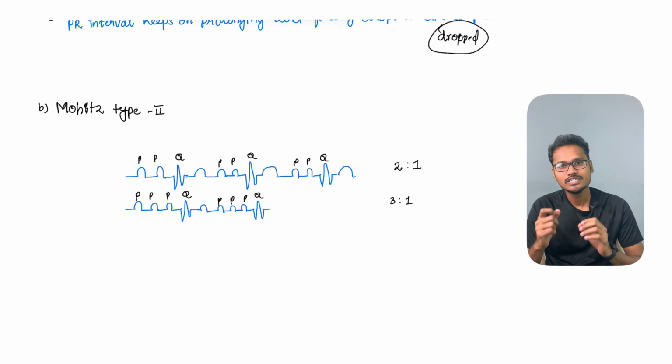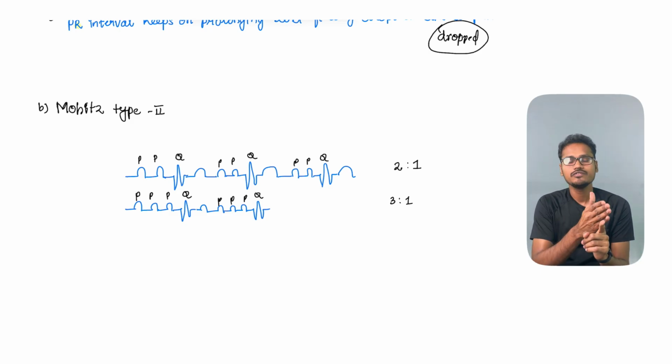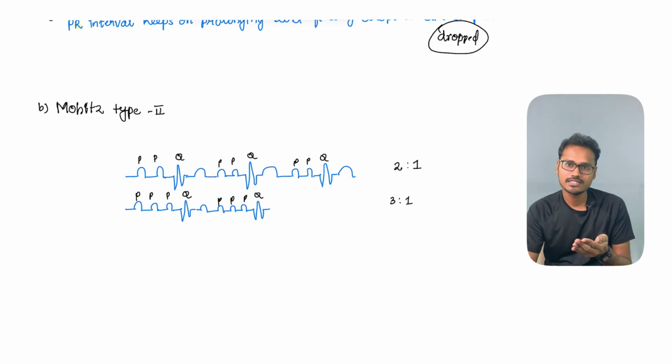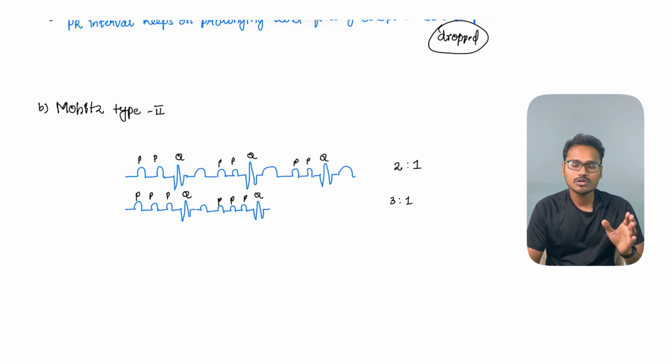Let's recap a bit. The first thing you have to do is observe the PR interval and observe whether the P wave is followed by a QRS complex. Whenever you are checking the rhythm strip and you are able to spot that every P wave is followed by a QRS complex, that is the rhythm analysis. And if the PR interval keeps on prolonging with no other abnormality, no dropping of QRS, it is first degree.